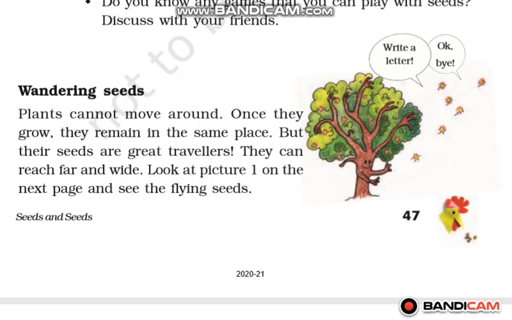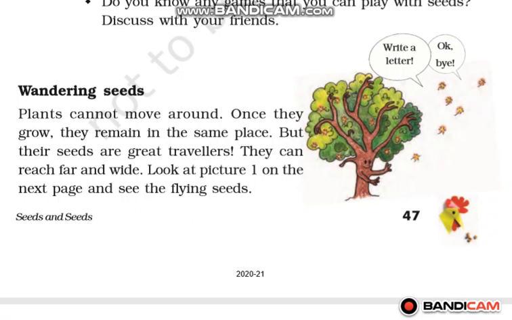They are great travelers. Plants cannot move around. Once they grow, they remain in the same place. They are fixed in one place. But their seeds are great travelers. They can travel long distances. They can reach far and wide.